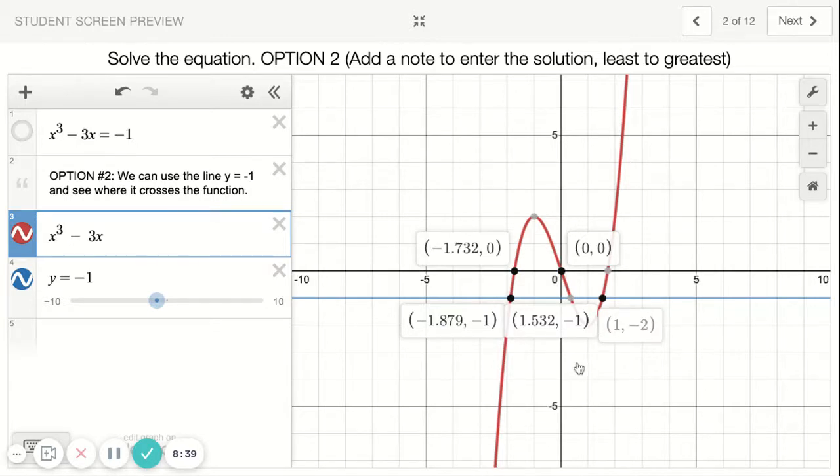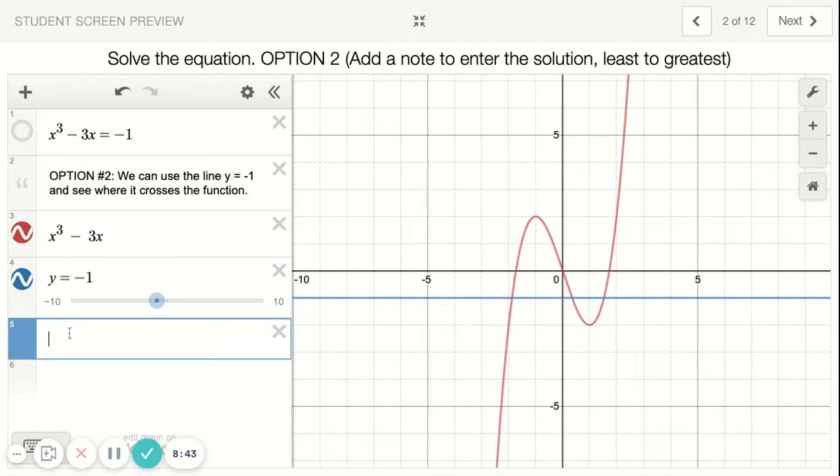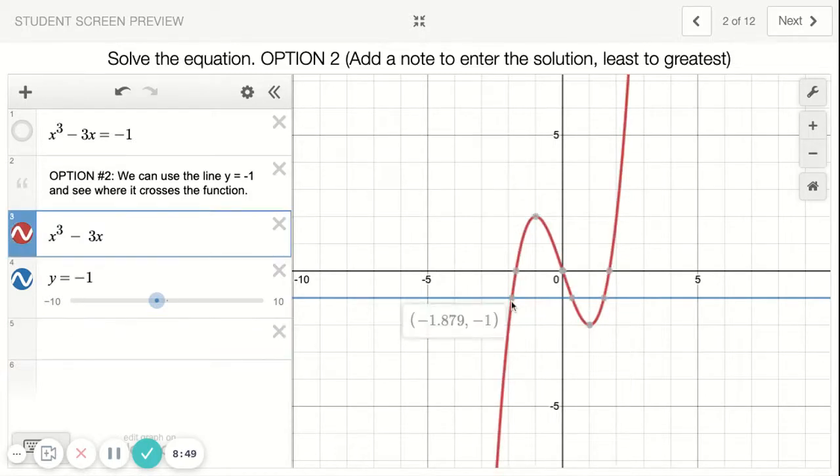So only where the blue and the red intersect. You'll see we get the same answer. -1.9, 0.3, and 1.5 are the answers. So you're putting those from least to greatest.